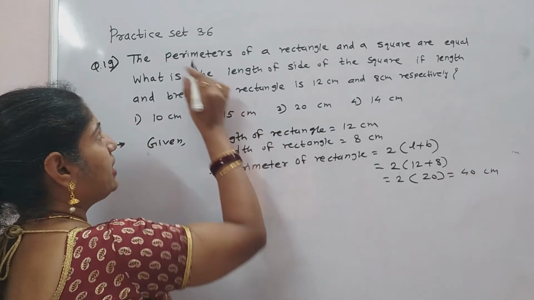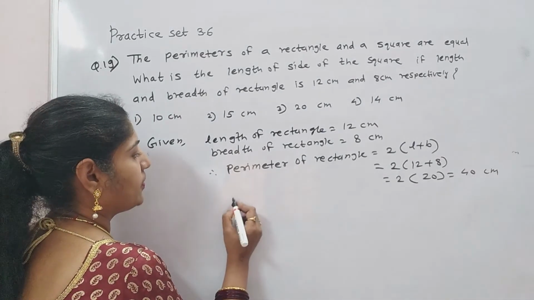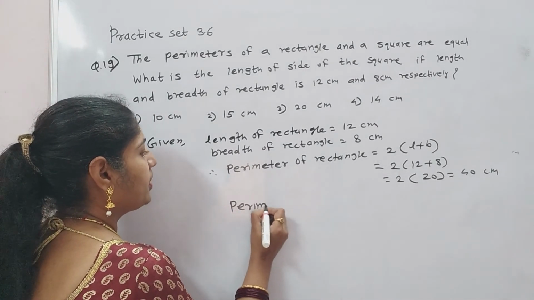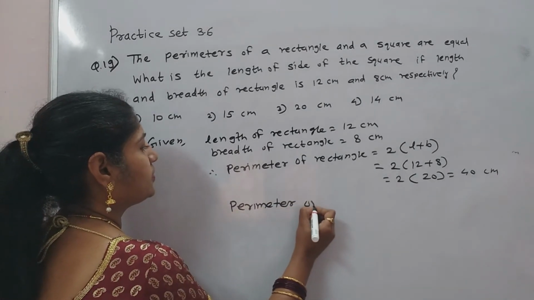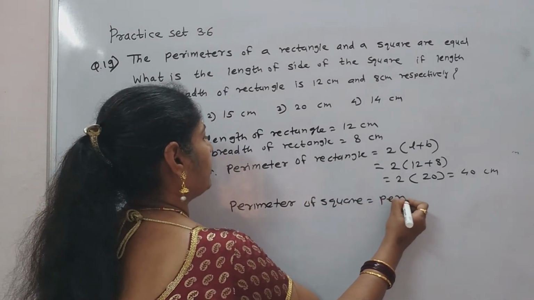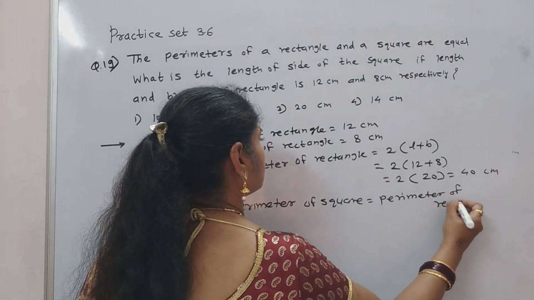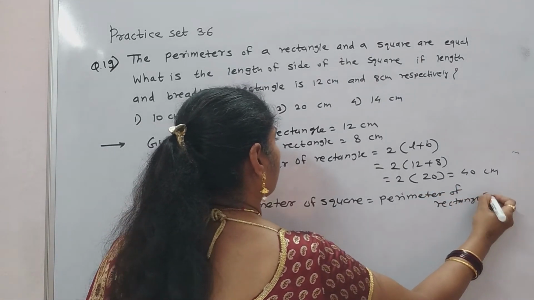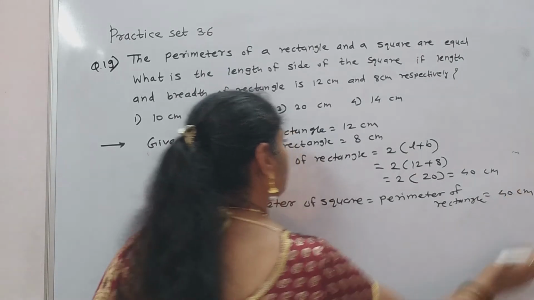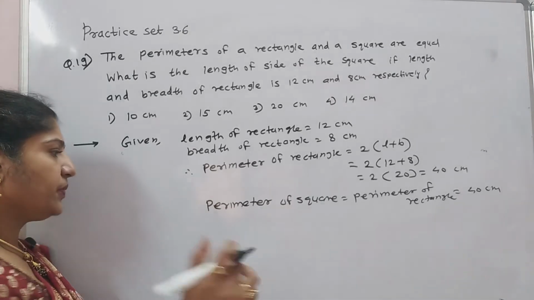Given that the perimeter of rectangle equals the perimeter of the square, and the perimeter of rectangle is 40 centimeter, so perimeter of square is 40 centimeter.